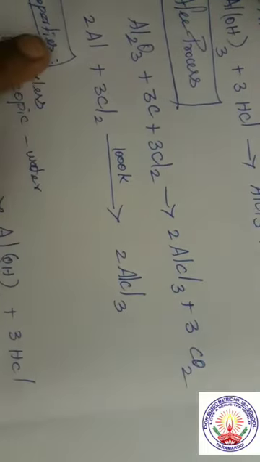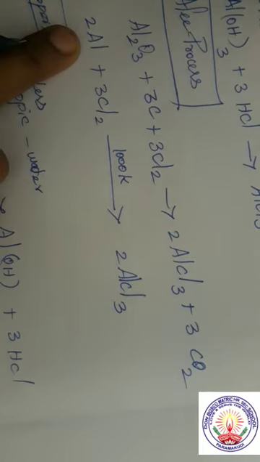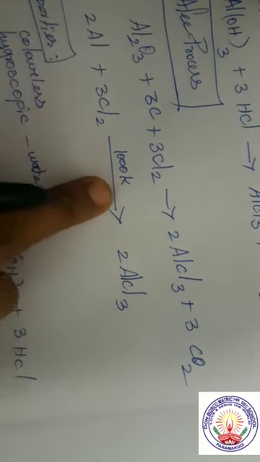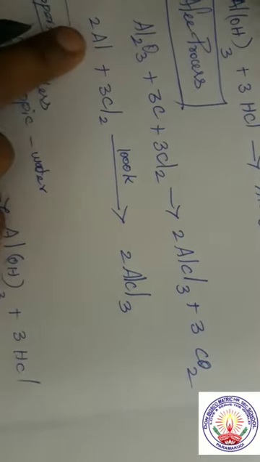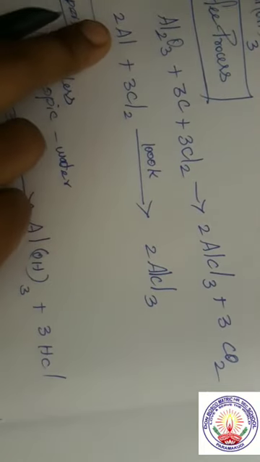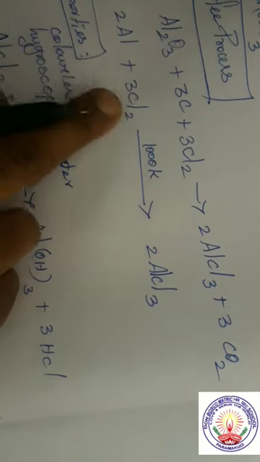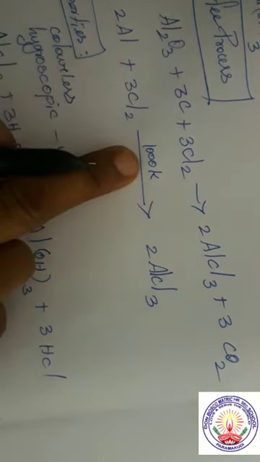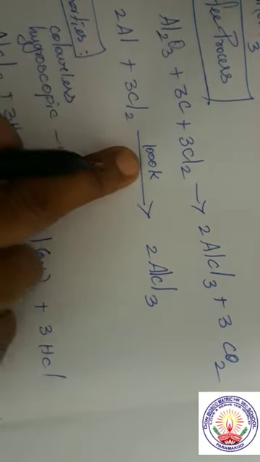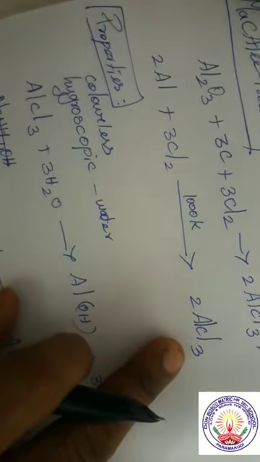Next, on an industrial scale, it is prepared by heating at 1000 Kelvin. See here, alumina is chlorinated with 3Cl2 and heated at 1000 Kelvin, then we are getting aluminium chloride.